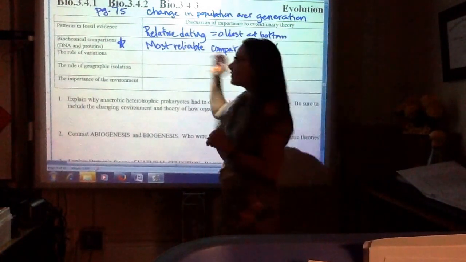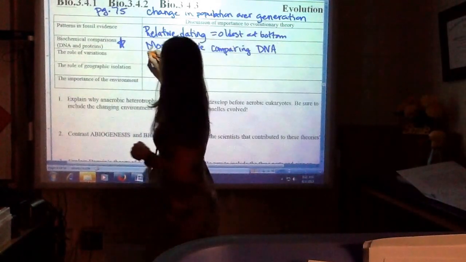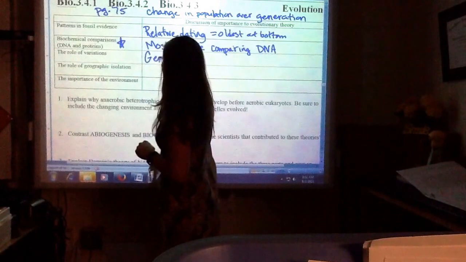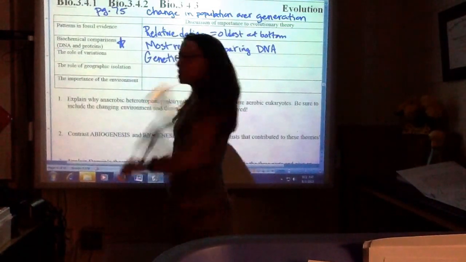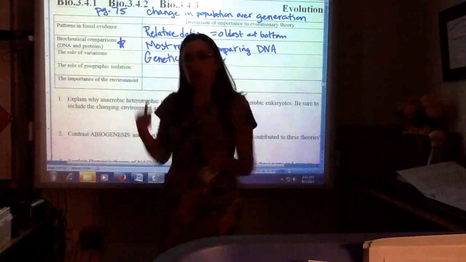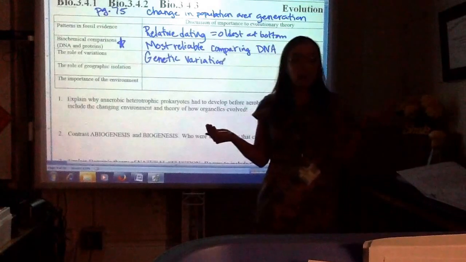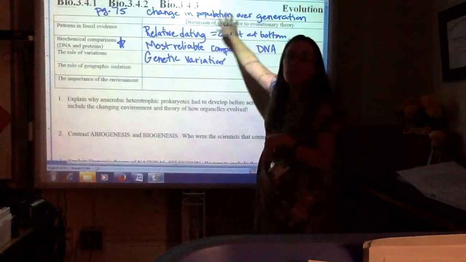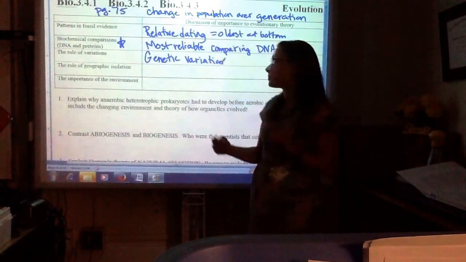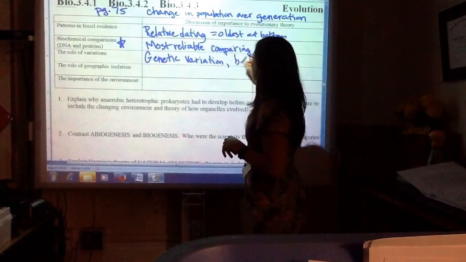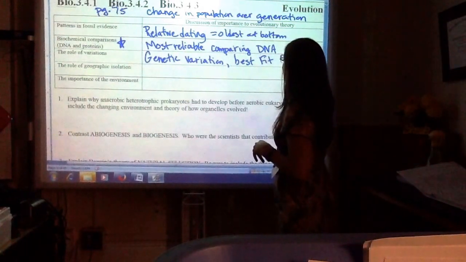Next, when we talk about evolution, we also often talk about the role of variation, but we have to know that this is genetic variation. So it doesn't have anything to do with going to the gym and getting really big muscles, or running every day and then you get faster. You can't pass that on to your offspring. And evolution is all about reproducing. So it has to be genetic variations that can be passed on, but genetic variations that also make you best fit for your environment.